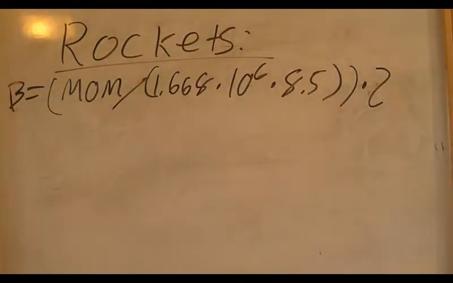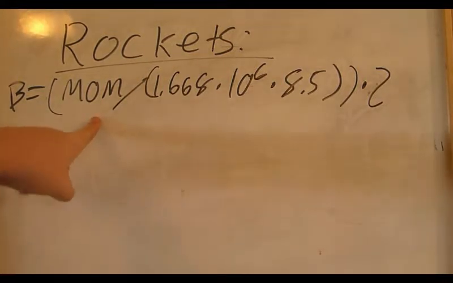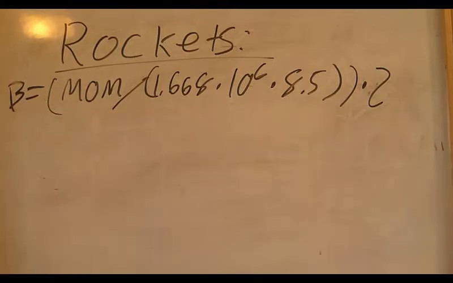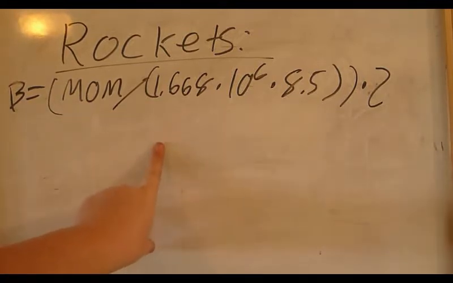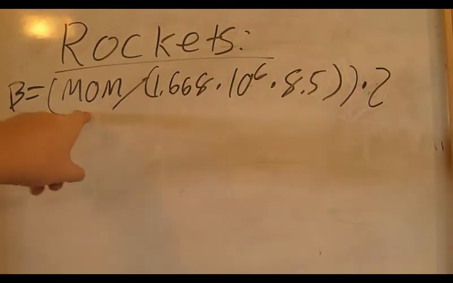Okay, so now we're going to look at our first form of propulsion, which is rockets. So how many rockets would we need? Well, we know our momentum that we would have to get up to be traveling our speed, and we know how much force it would take to get up to that speed, which is our momentum.